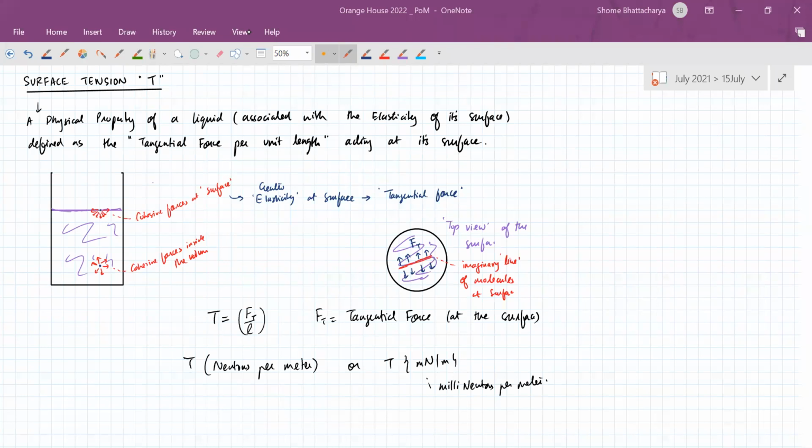So for example, the surface tension of water, surface tension also varies with temperature. So at 20 degrees C, for example, water has a value of surface tension which is about 73 millinewton per meter.